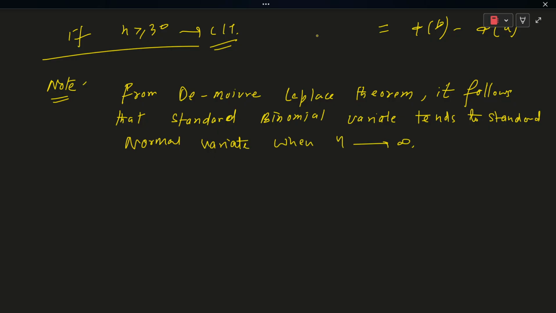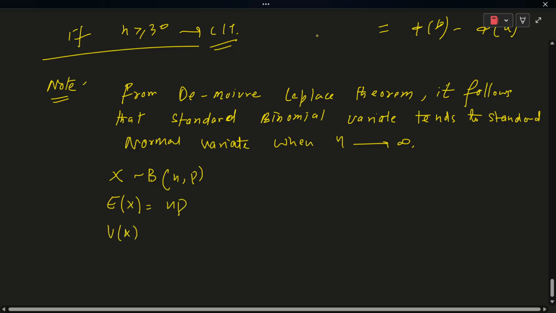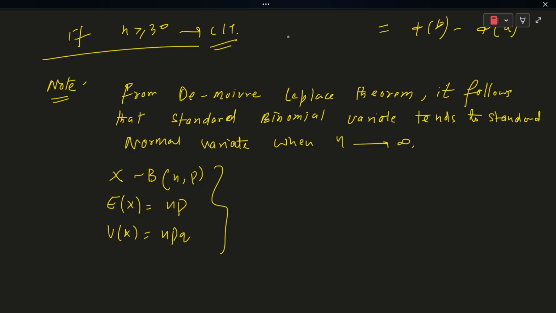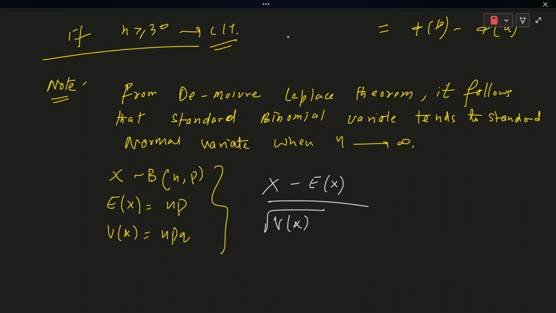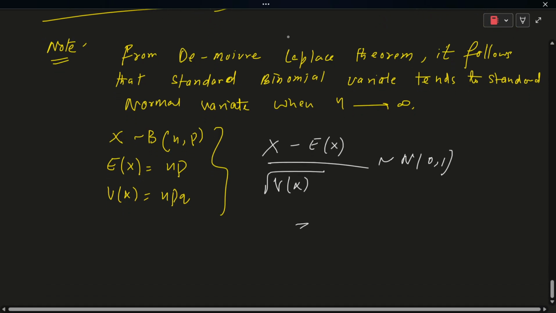See how. When X follows binomial n comma p, what's the expectation of X? That's np. What's the variance of X? That's npq. So (X minus expectation of X) divided by the square root of variance of X will follow normal 0, 1. You try to make the standard normal variate, that is Z, which follows normal 0, 1.